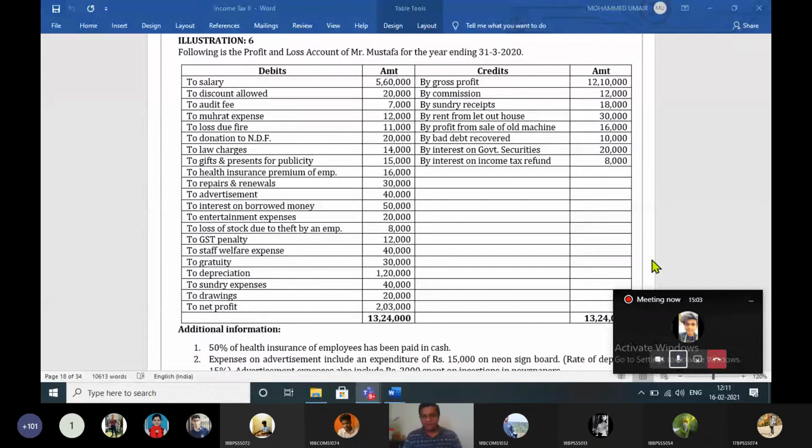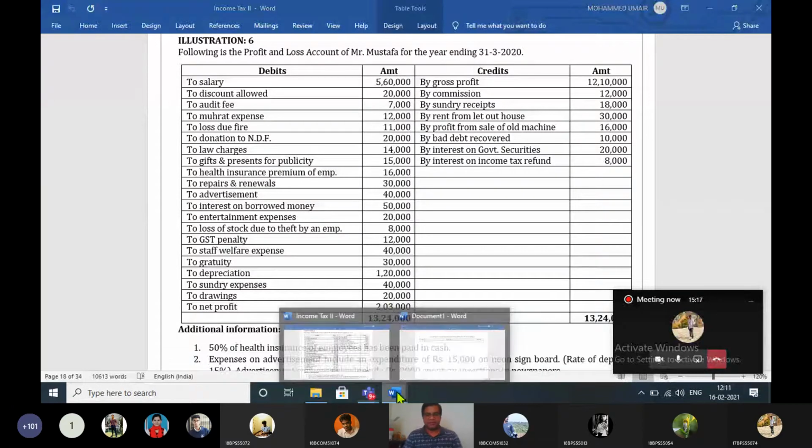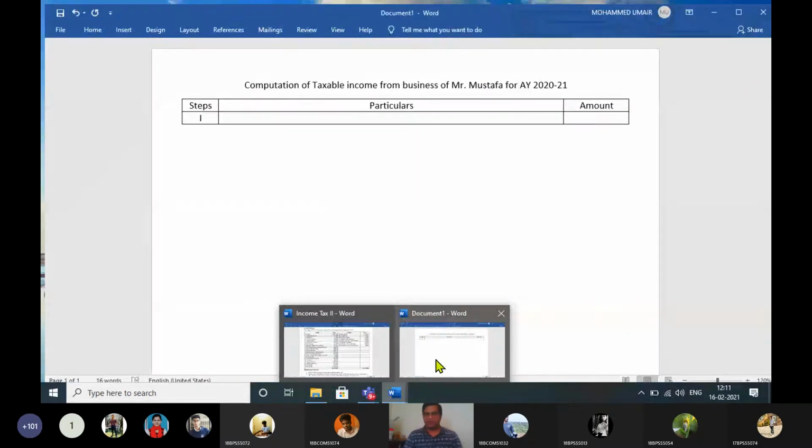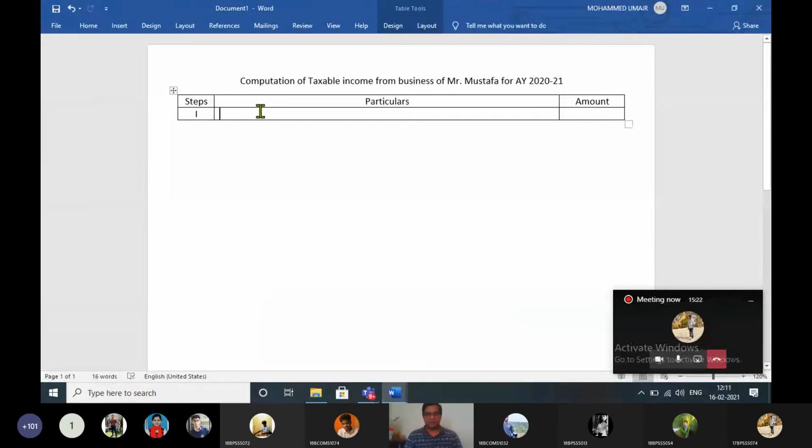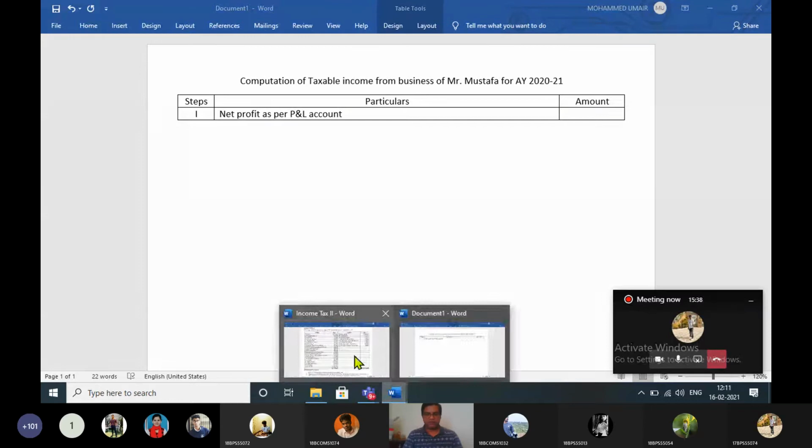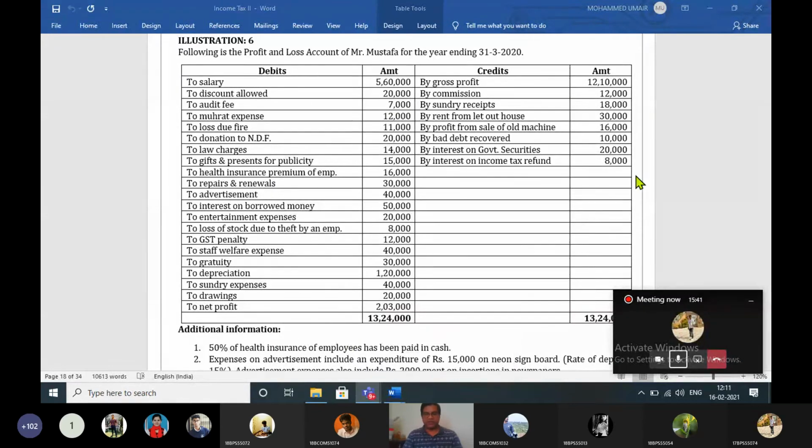First, we have salary in the P&L account. But let's begin with the format. And we always begin the format with the net profit. So net profit is 2,03,000.